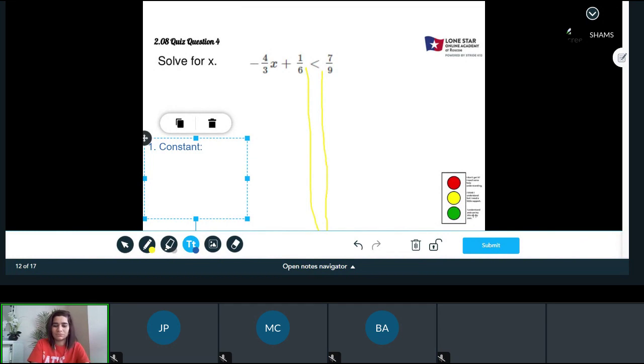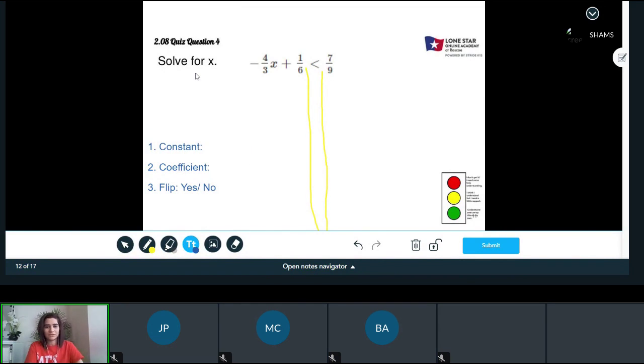Step 2, think about what is my coefficient, the number that is with the x. Next, I'm going to see if I have to flip the inequality symbol or not. These are the 3 things that I will do.